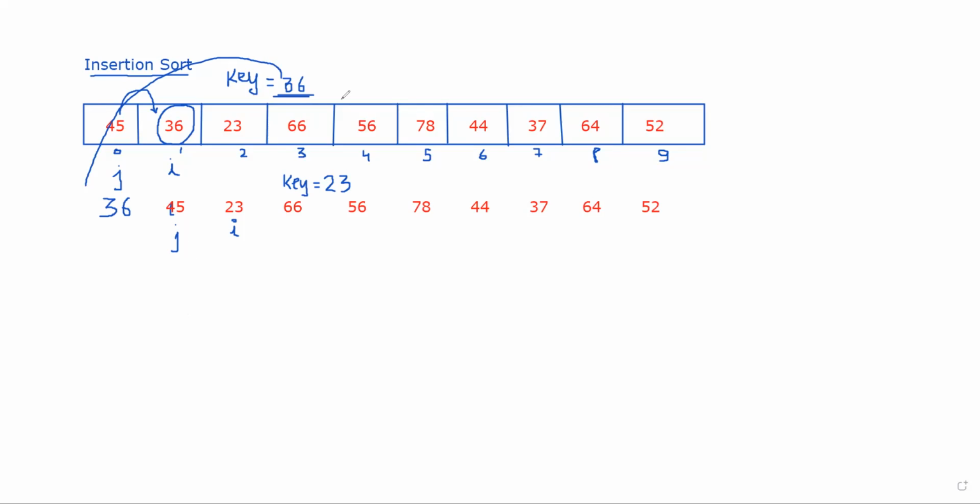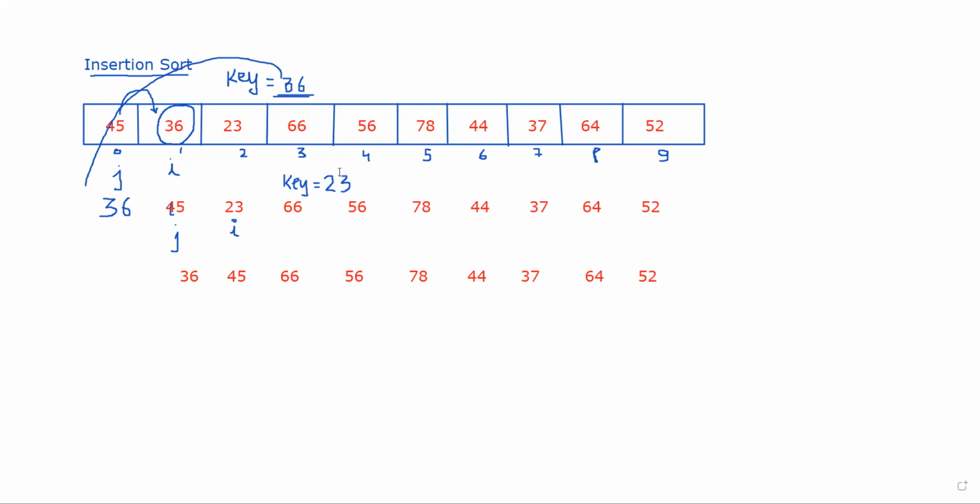So ultimately I am shifting 45 one time and 36 one time. What we are going to get is 36, then 45, then the remaining values in the same manner: 66, 56, 78, 44, 37, 64, 52.